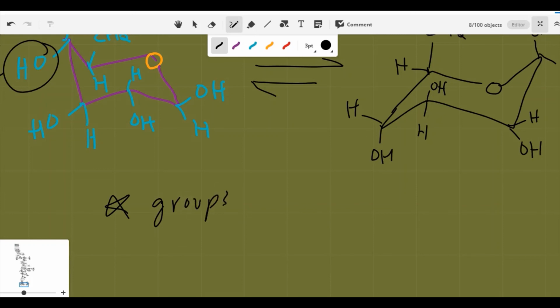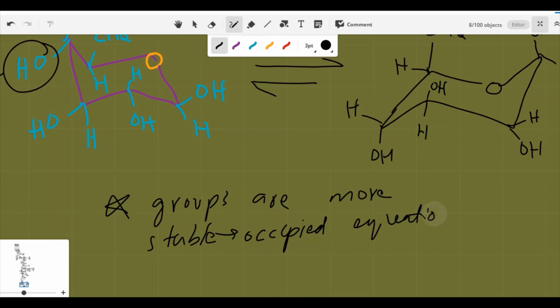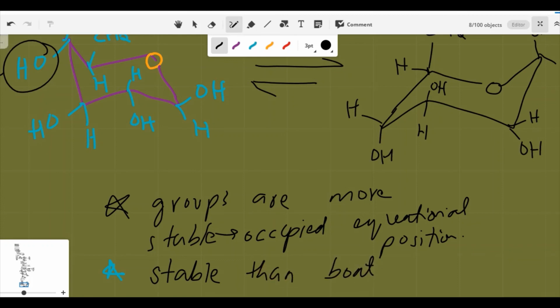The groups are more stable when they occupy equatorial positions, rather than axial positions. And remember, chair conformation is more stable than boat conformation.